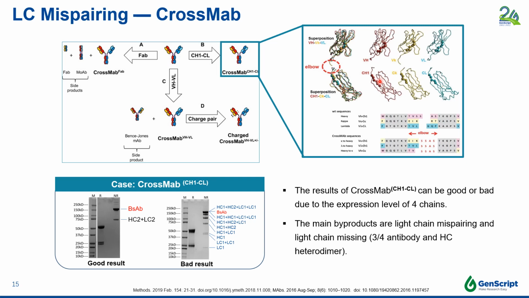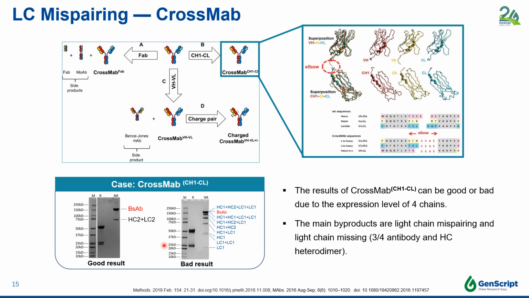Although many scientists have tried cross-map CH1/CL, and there are approved BsAb drugs using cross-map CH1/CL, the results do not always reach expectation. The two cases shown here have exactly the same backbone, but the variable regions are different.